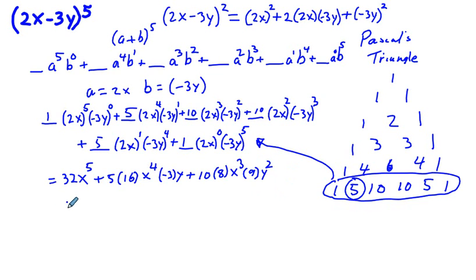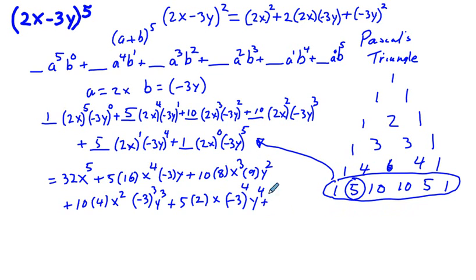And now working below here we're going to have plus 10 times 2 squared, which is 4, x squared, and then we're going to have negative 3 to the 3rd power, y to the 3rd power, and now we're going to have plus 5 times 2, because that's the 1st power, x, and then we're going to have negative 3 to the 4th power, y to the 4th power, and finally we're going to have plus 1, well, 2x to the 0 power, that's 1, so we're going to have negative 3 to the 5th power, y to the 5th power.